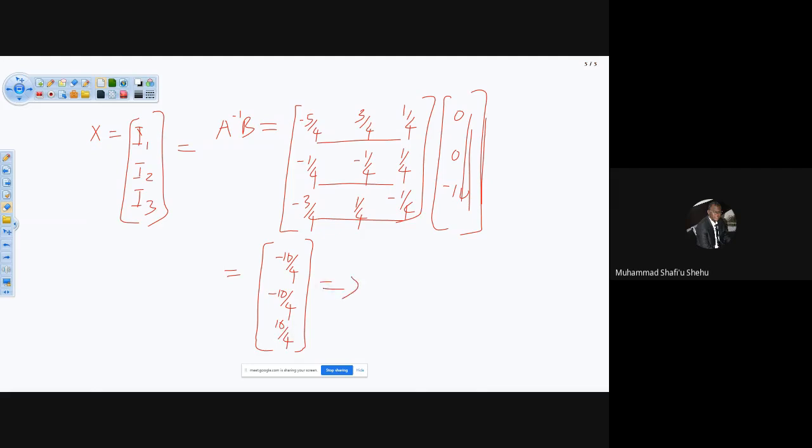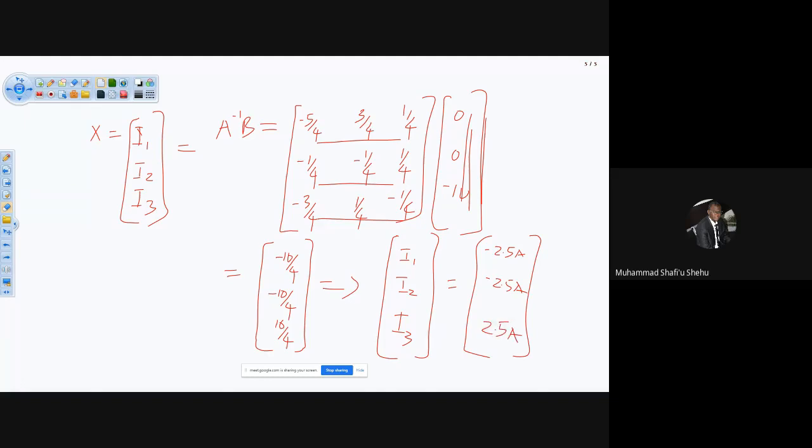So we can say that our I1, I2, and I3 are equivalent to, the first one is going to be minus 2.5 ampere, and the second one is going to be minus 2.5 ampere as well, and the third one is going to be positive 2.5 ampere.